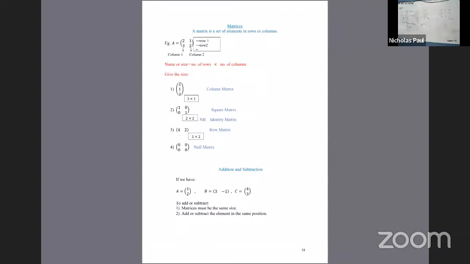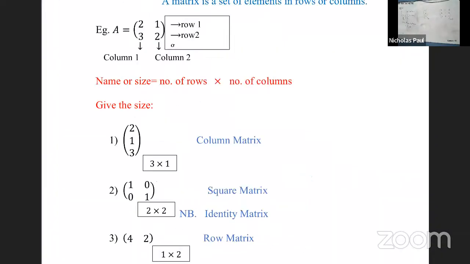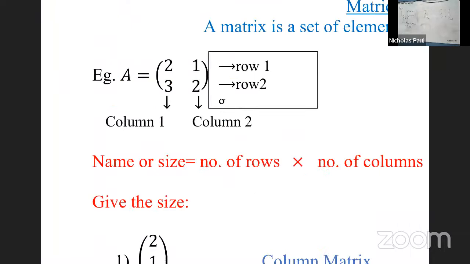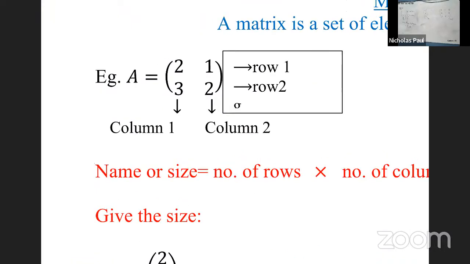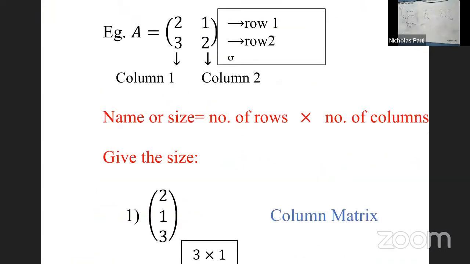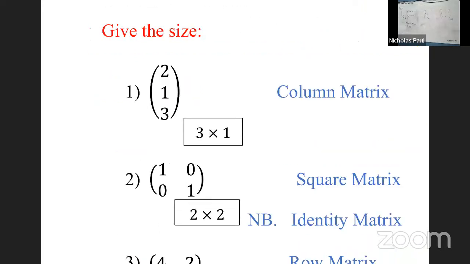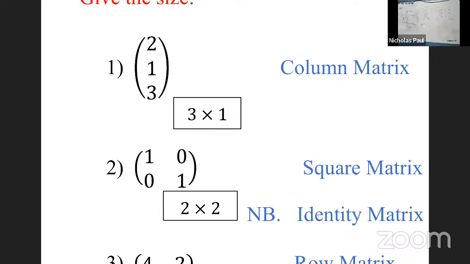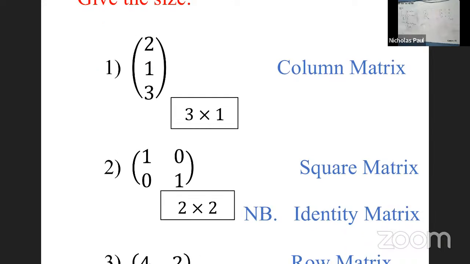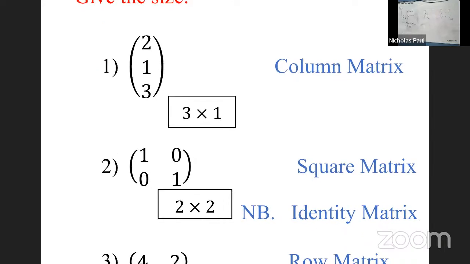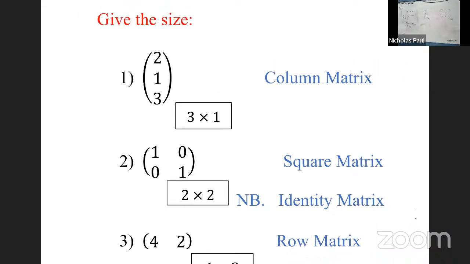So to name a matrix, we name it by number of rows by number of columns. For example, here we have 3 rows, 1 column, it's called a column matrix. Here we have 2 rows, 2 columns, it's called a square matrix. That matrix is also the identity matrix.